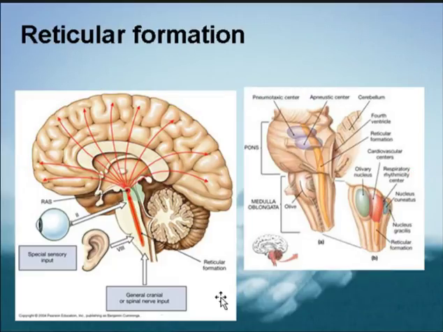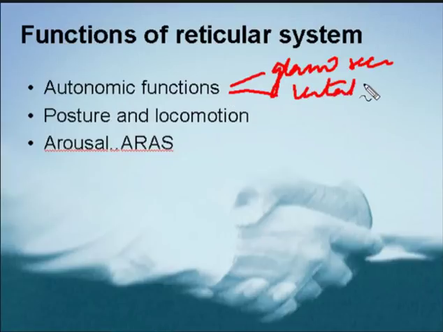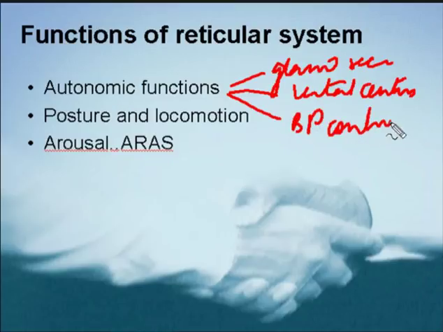So let's look at some of the functions. It has autonomic functions, like glandular secretion, then vital centers, because these vital centers are under the influence of autonomic centers. It has blood pressure control, and let me see if there's anything else.